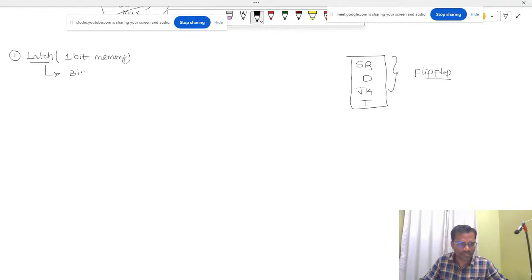It will give two stable states. This is a bistable element. Bi means it is going to have two stable states.